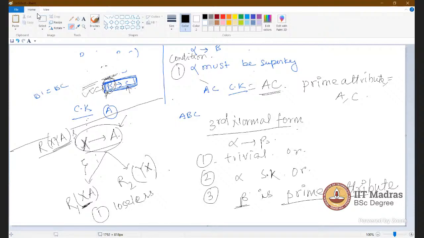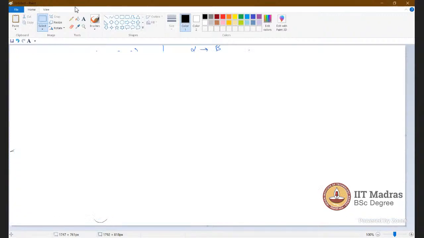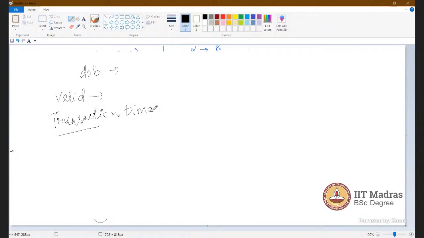So the valid time is what is true in the real world, and the transaction time is what is valid in the database, meaning when you put that entry into the database. Transaction time is the entry time.